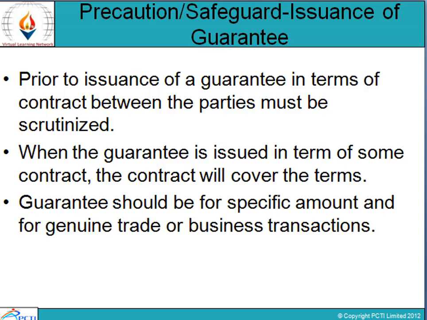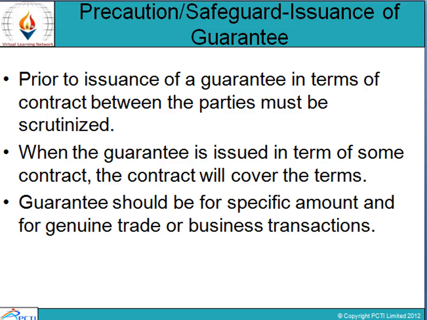Prior to issuance of any guarantee, the contract between the parties must be scrutinized very well. This is very important because the guarantee bond is subordinate to the contract, which is of paramount importance. When the guarantee is issued in terms of some type of contract, the contract will cover the terms.